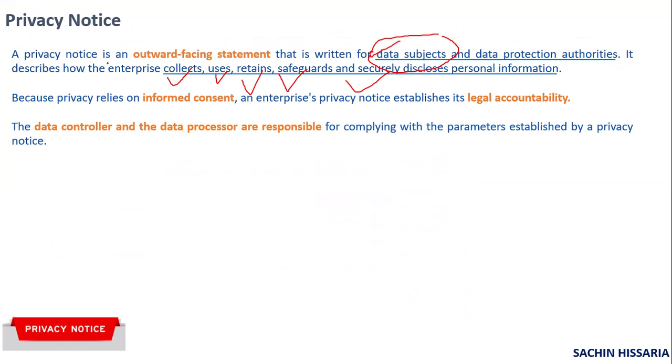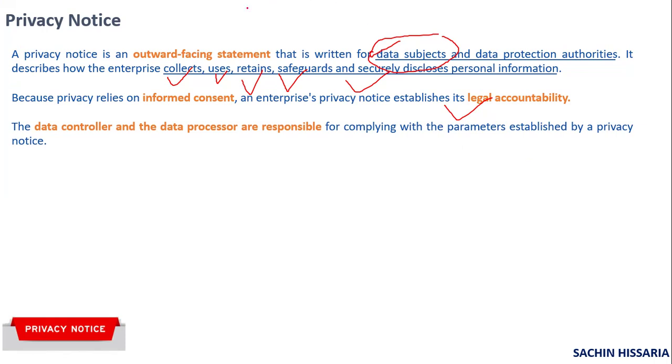Privacy relies on informed consent, and an enterprise privacy notice establishes its legal accountability as well. Correct, guys? Because whatever information they are collecting, they are taking your prior consent, so it helps the organization establish legal accountability.